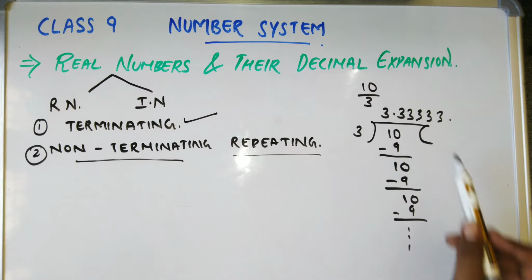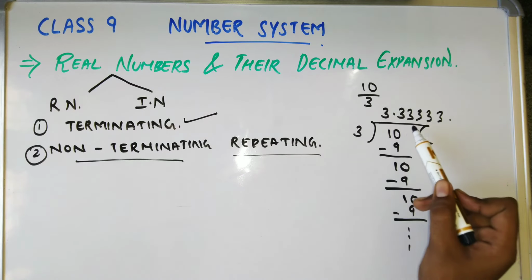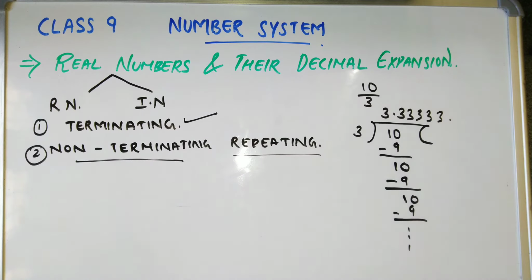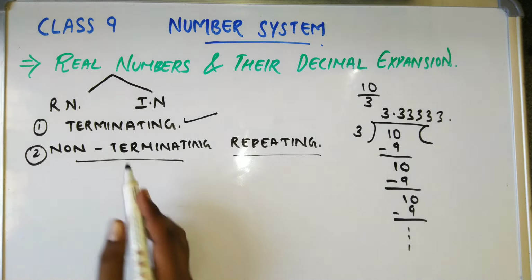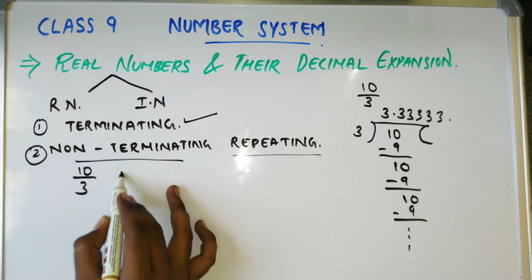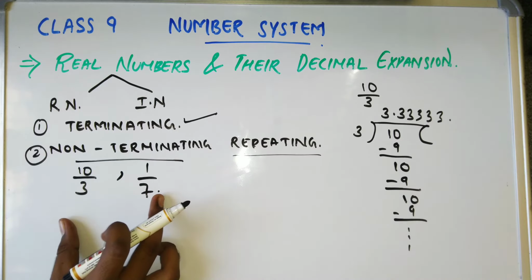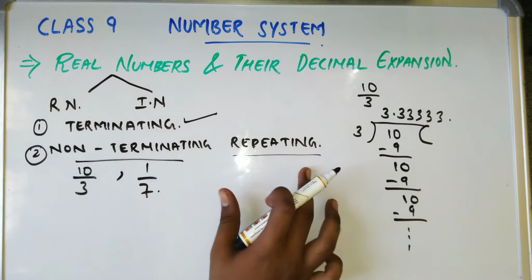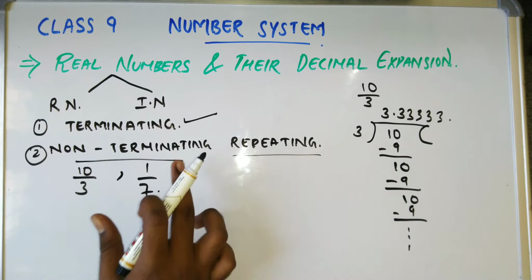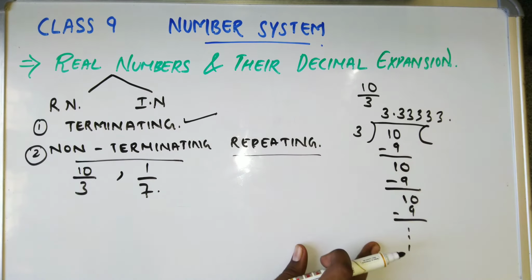Repeating means the quotient, observe this, the digit 3 is repeating. So I can categorize 10 by 3, or one more example, 1 by 7. These decimal expansions come in the category of non-terminating repeating, because the remainder is not becoming 0, as you can observe in this division.